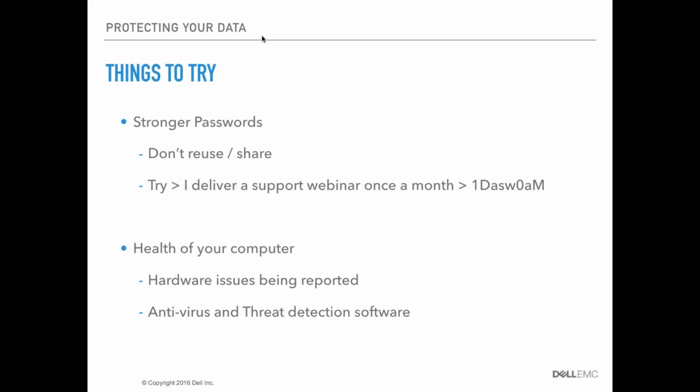Try things like I have on here. So use the password to the right, 1DASW0AM, and that translates into the sentence that's in the middle there: I deliver a support webinar once a month. So you can use or create sentences and break those down in whatever way you want into a password which is a lot more secure.